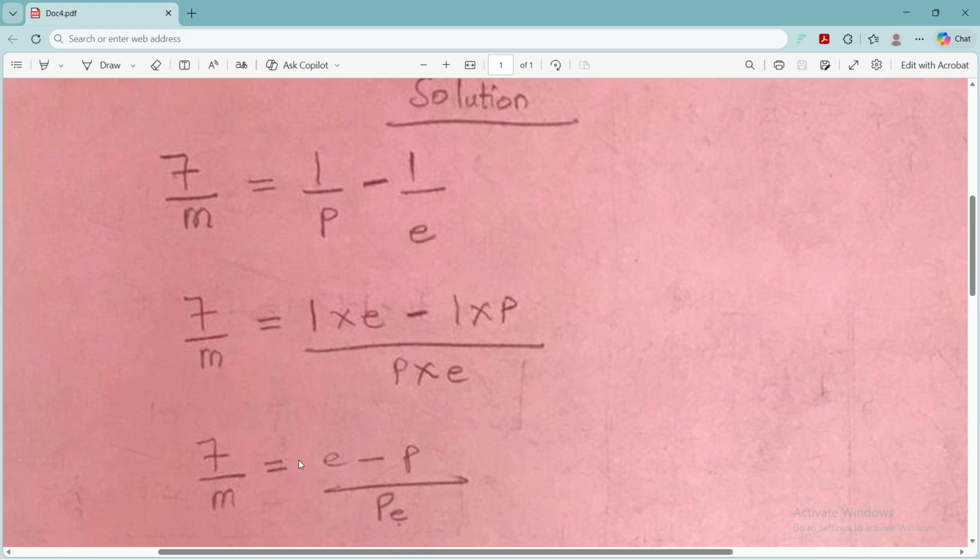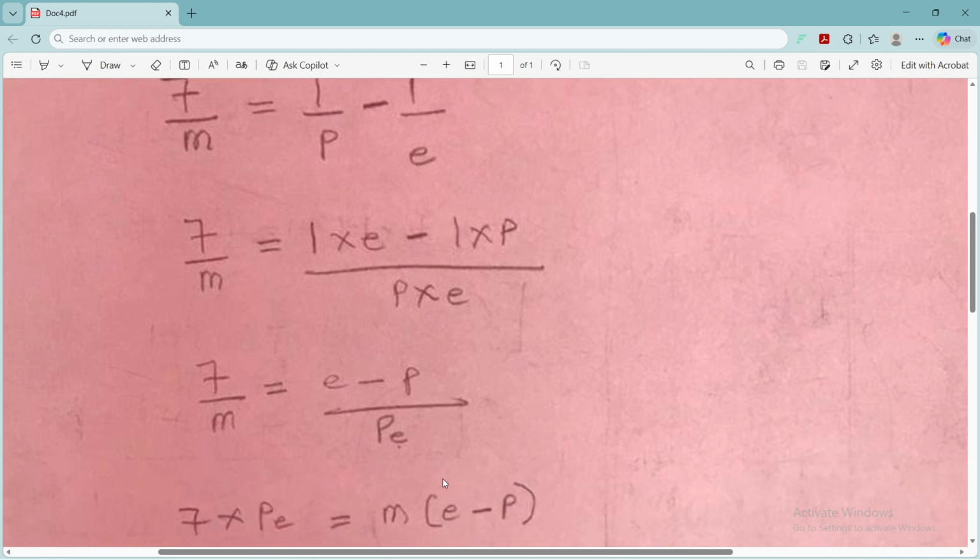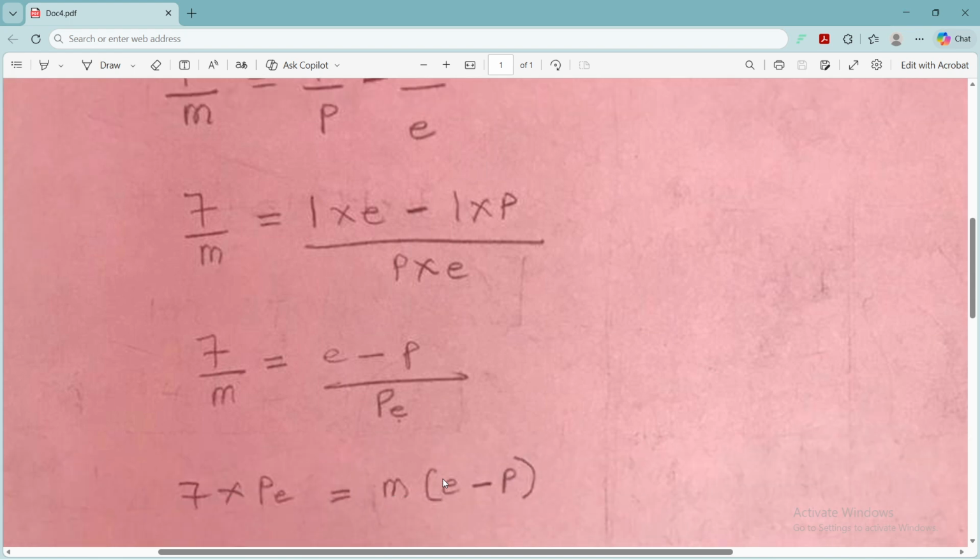So 7 will cross multiply PE, and M will cross multiply, or in bracket, E minus P, right? So we have our new equation to be 7 multiplying PE equals M multiplying, in bracket, E minus P, right?